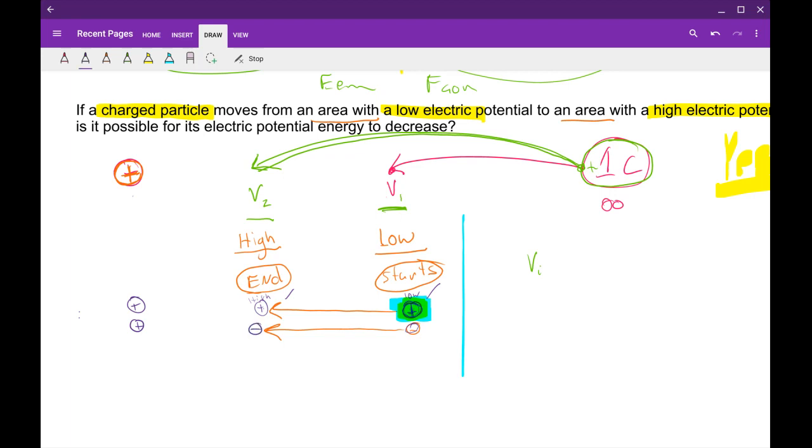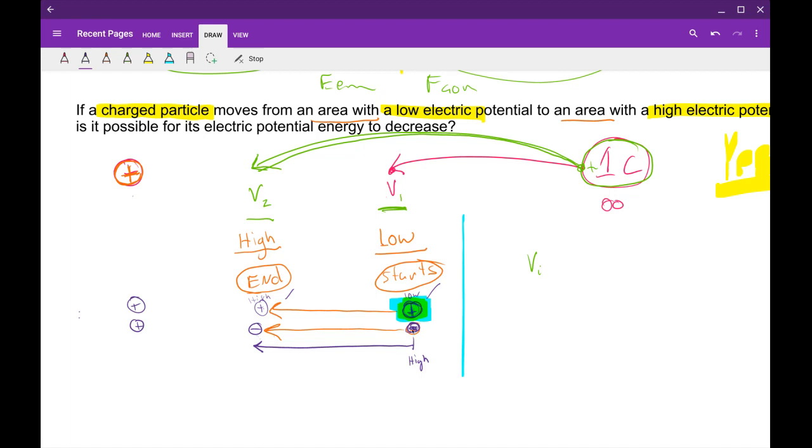Imagine taking a negatively charged particle and moving it from here to here. Okay, and which one has a higher potential energy? It's out here. This has a high potential energy. Okay, because this negative particle here and this positive particle here want to be together.